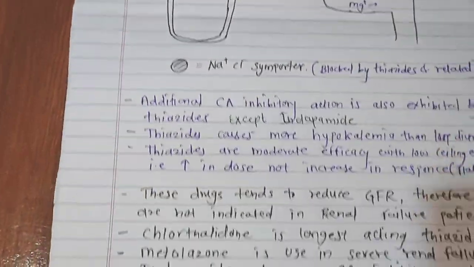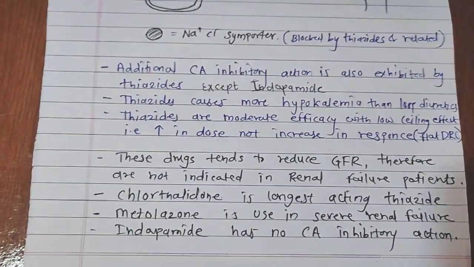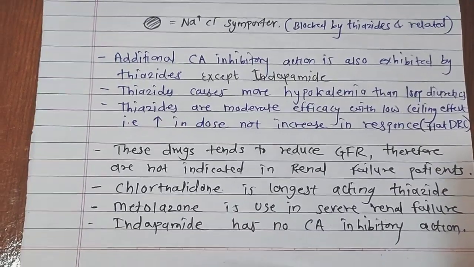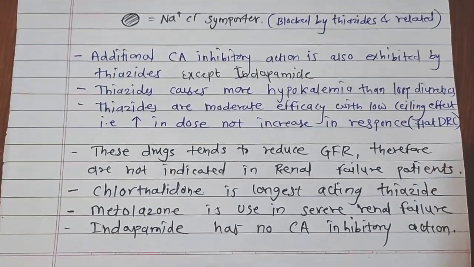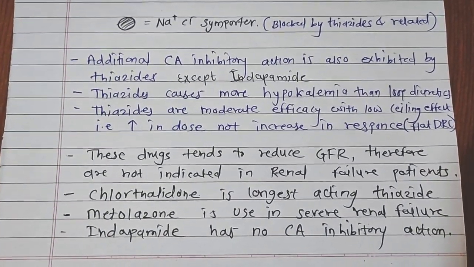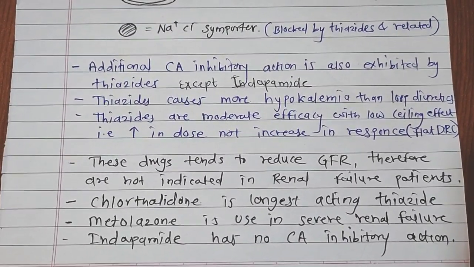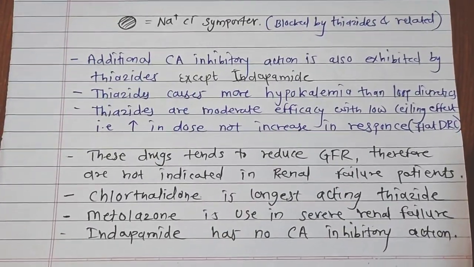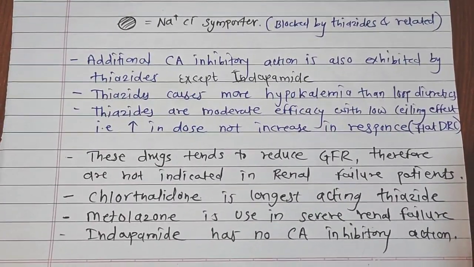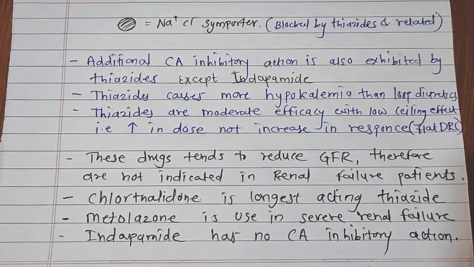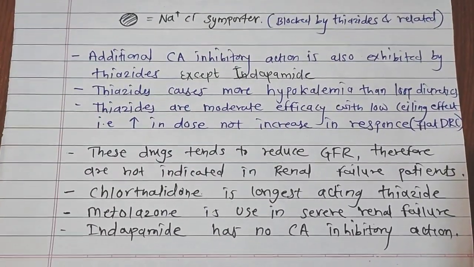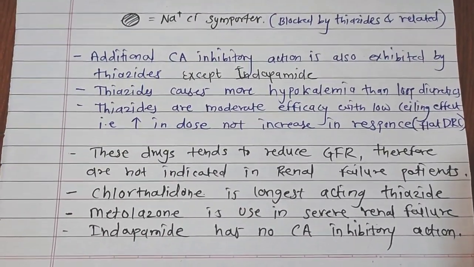Now we will see some other features of these thiazide diuretics. They have an additional carbonic anhydrase inhibitory action, which is exhibited by all thiazides except indapamide, and thiazides cause more hypokalemia than the loop diuretics. Thiazides are of moderate efficacy with a low ceiling effect.